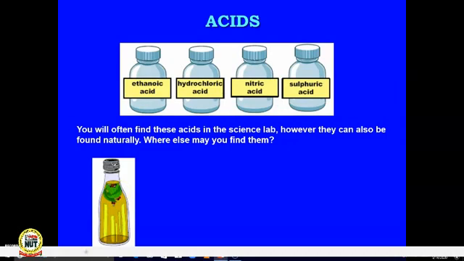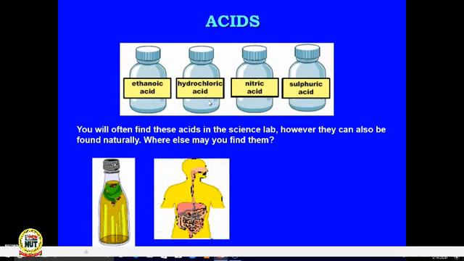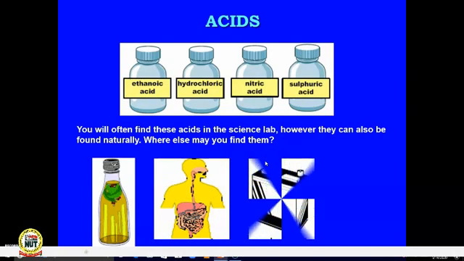Then you have hydrochloric acid. Hydrochloric acid can be found in the stomach. It aids digestion, especially by adjusting the pH of the stomach to ensure that digestion is completed in good time and without injury to your stomach. It also helps in killing germs that come with the food you eat. Then nitric acid is found in car batteries.